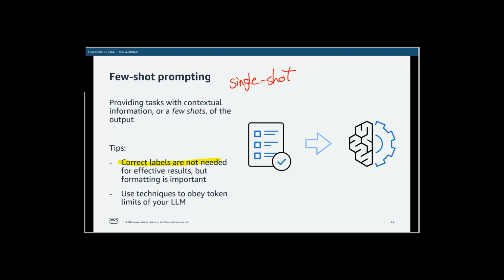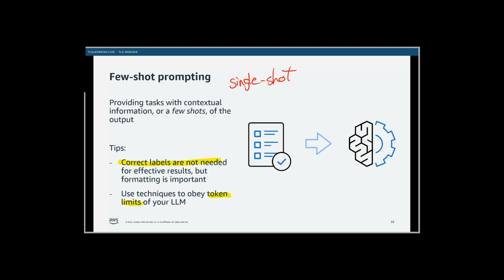If you're providing these shots or examples, you also have to observe the token limits of your LLM. Remember, we were talking about tokens earlier, transformers, and how it takes the input and breaks it up into tokens. Tokens will represent a word or a portion of a word or part of a sentence or part of an image. When you're providing input or examples to the AI, it's going to break that up into tokens to examine it.